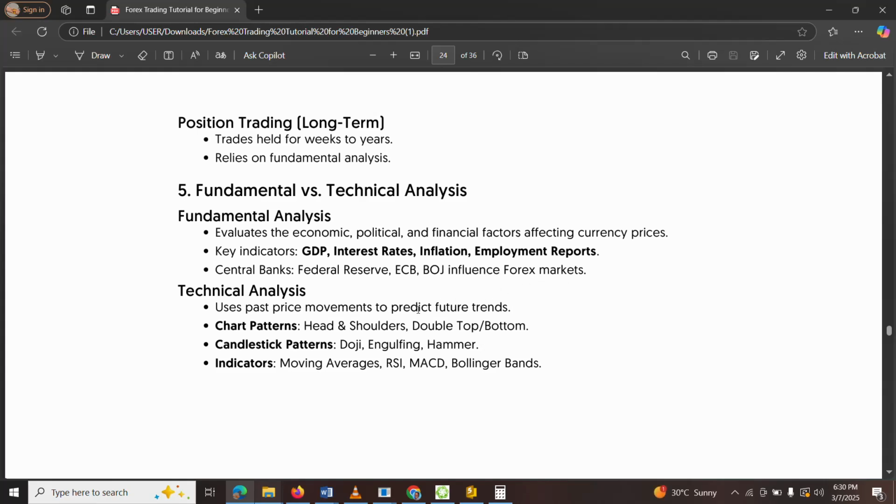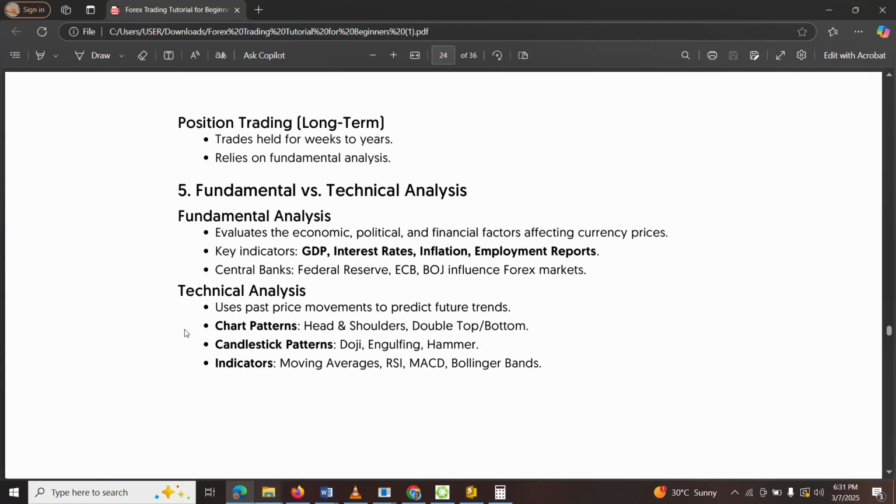So then we have the technical analysis. This one uses past price movements to predict future trends. So we have the chart patterns. So this is head and shoulders, okay, double top, or maybe bottom. Candlestick patterns, maybe we might use the engulfing or maybe the hammer, doji.